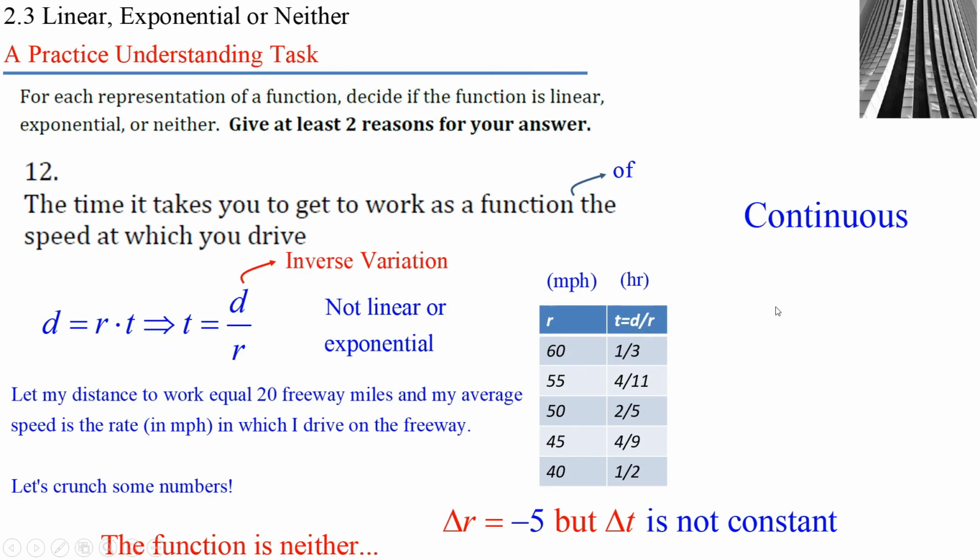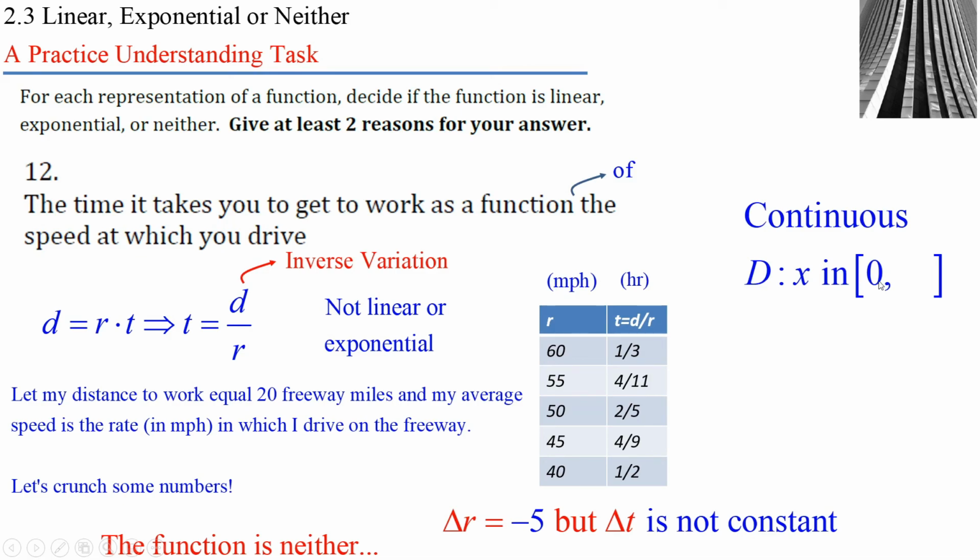And now, how about the domain? Well, the domain of a continuous function, we would use interval notation. And I'm going to show you my good driving record right now. I'm at the stoplight, waiting to get onto the freeway. So I'm beginning at 0 miles per hour, a rate of 0.